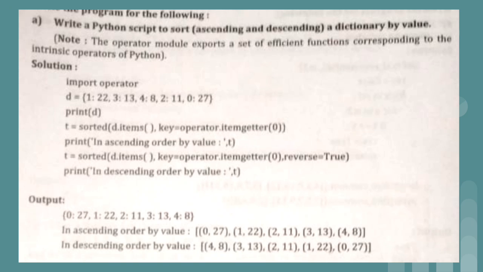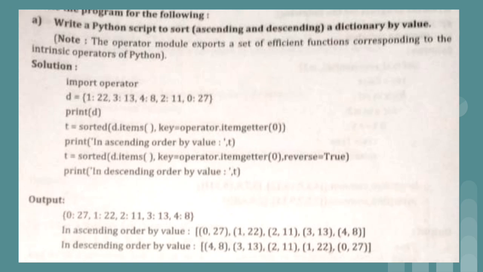And as in this case we have provided the second parameter key, this is the reason why our dictionary is sorted according to the keys. Okay, so print, and by default the sorting takes place in ascending manner only. This is the reason why, just see the second line of the output, ascending order by key.